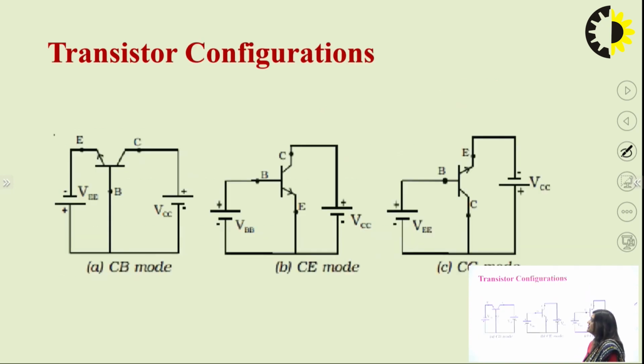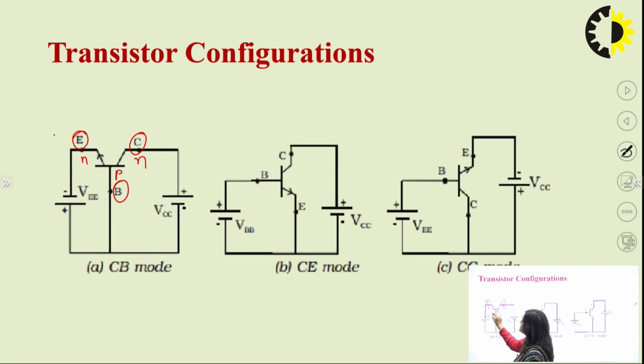And these are the different modes in which we connect our transistor. This is the common base mode, and in this mode we can see the base is common in the input side and output side. This is the emitter, this is the base, and this is the collector, and this is for the NPN transistor.